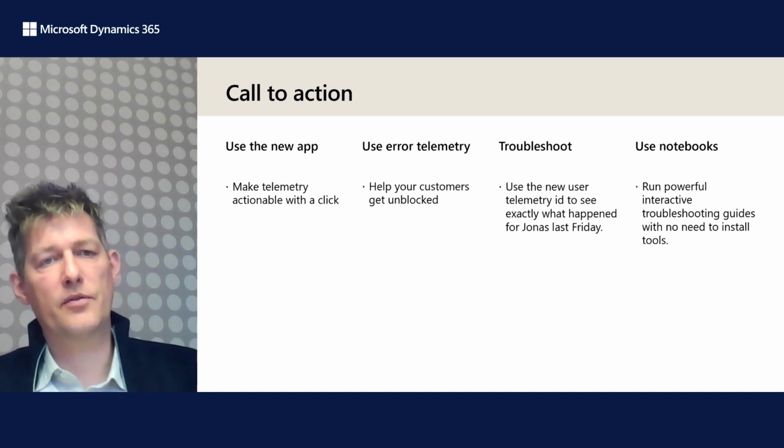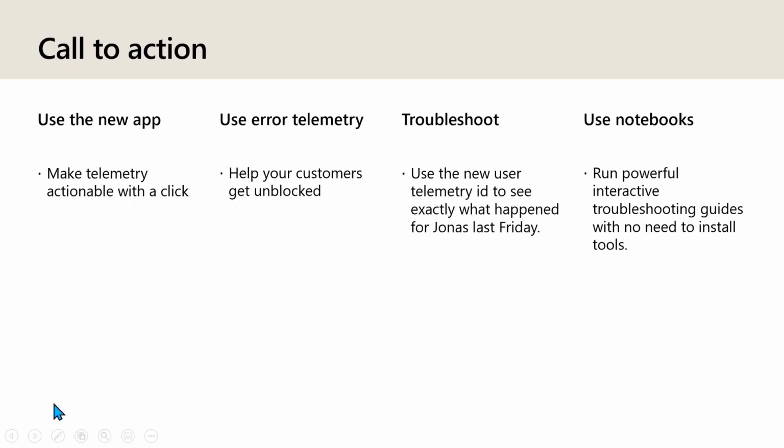So, call to action for telemetry for this semester: start using the new app. Make telemetry actionable with a click. Use error telemetry to get your customers unblocked on things that are annoying to them. Start using telemetry to troubleshoot things in the past for given users, with this new telemetry ID.